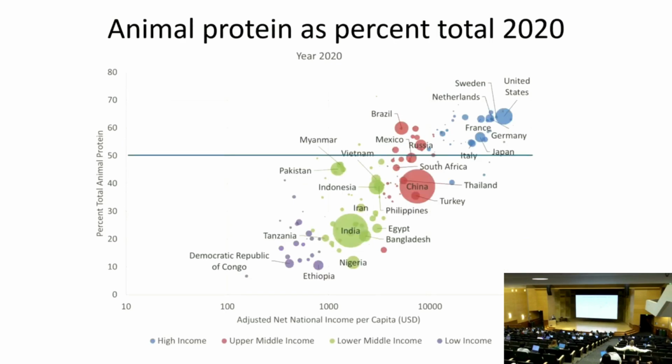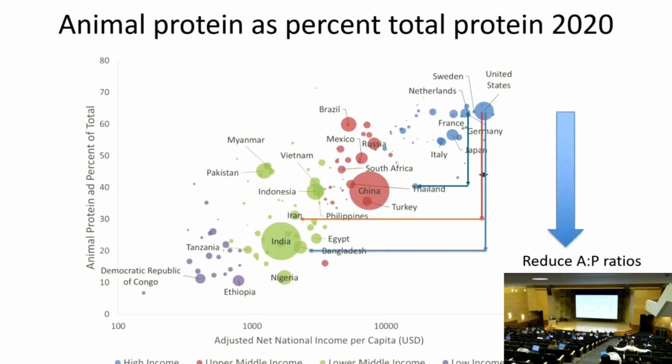This is the relationship between country incomes and the percent of animal protein in the diet, and a number of initiatives, mostly originating in high-income countries, are trying to reduce the animal-to-plant protein ratio in the global diet, which practically means this. They want to go down the vertical line, which means reduce the animal protein ratio without sacrificing income.